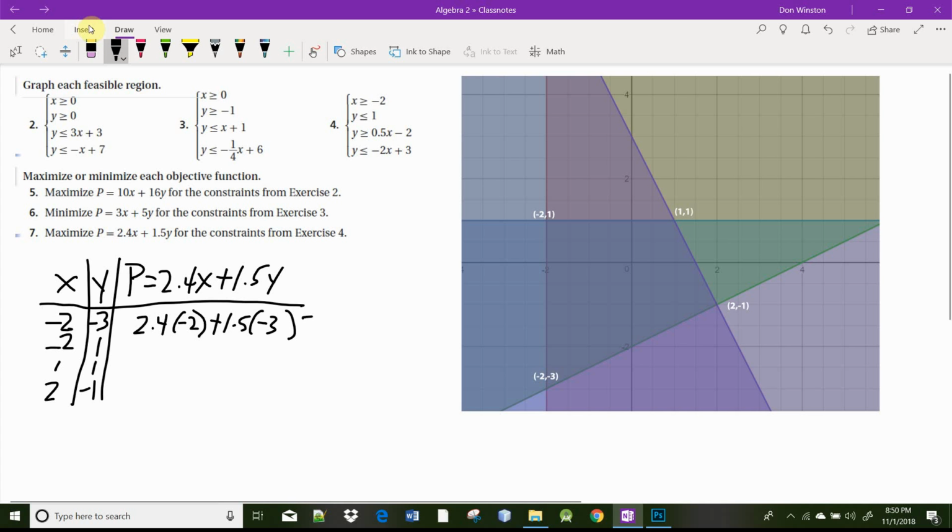So this equals -9.3. The next one, I have 2.4 times -2 plus 1.5 times 1, and that will give me 2.4 times -2 plus 1.5. That will give me -3.3.